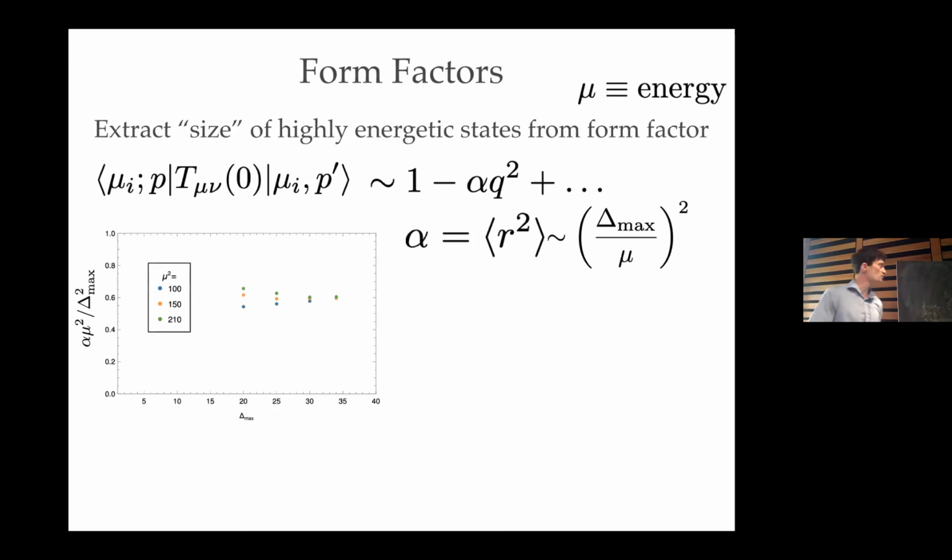And what this plot shows you, the x-axis is the truncation, the y-axis is the ratio of r squared over this quantity that I've written here, delta max over mu squared. And what you see is that it's basically independent of delta max and independent of the energy. So it's roughly a constant. The prefactor in front of delta max over mu squared is basically 0.6, independent of the energy or the truncation.